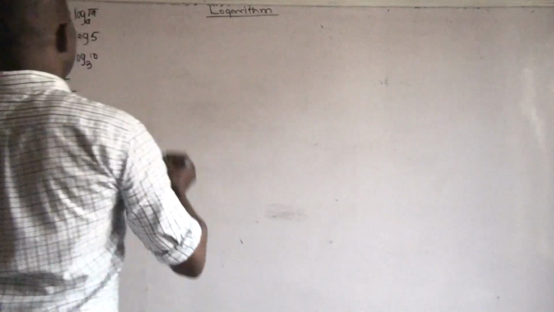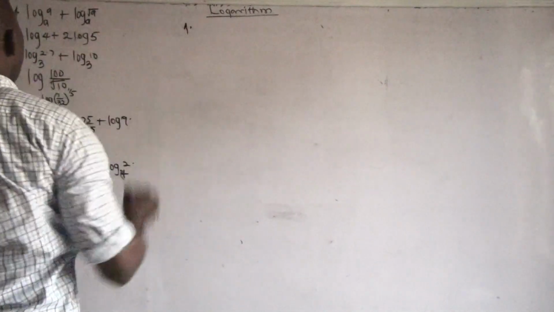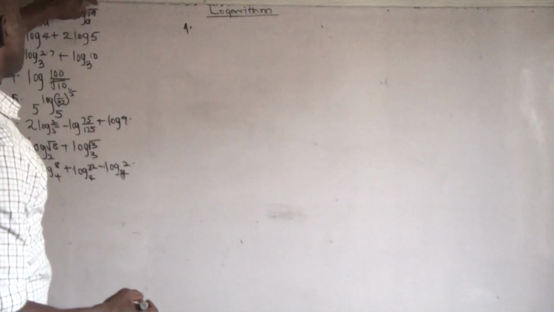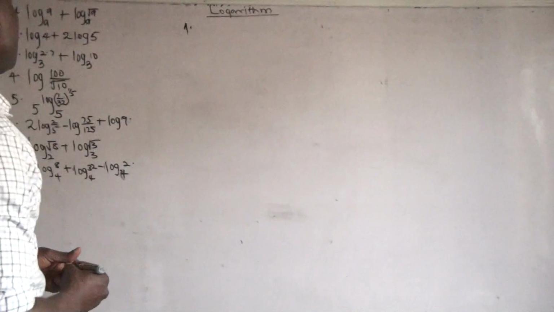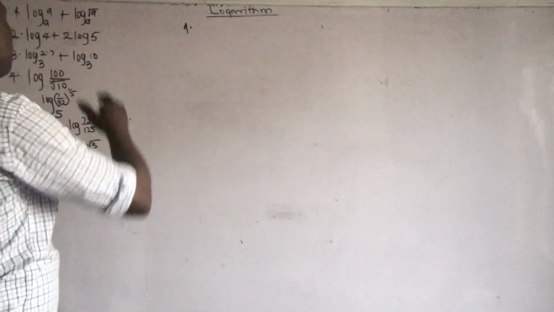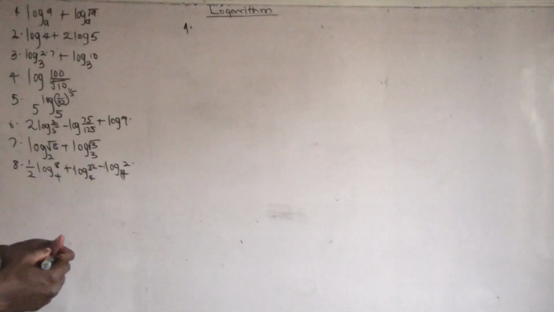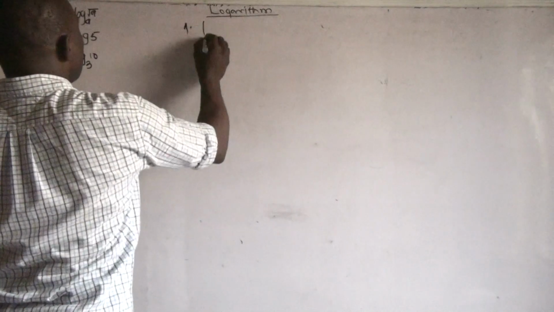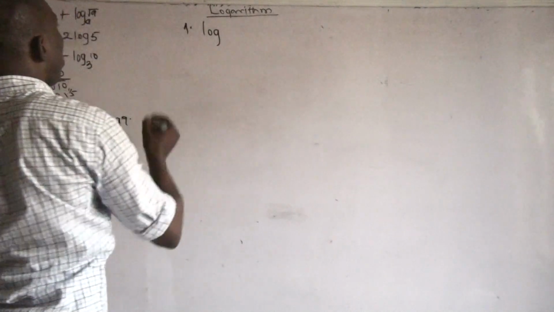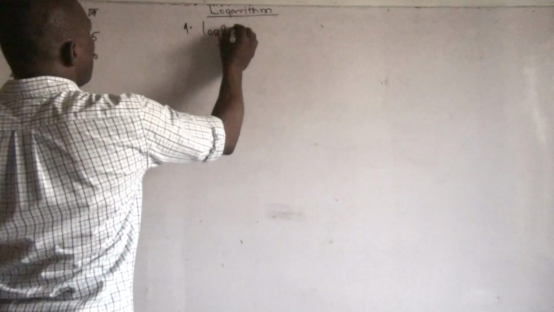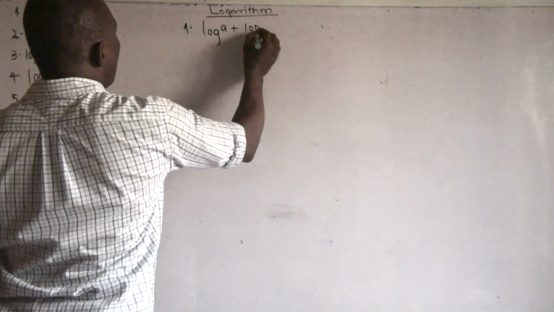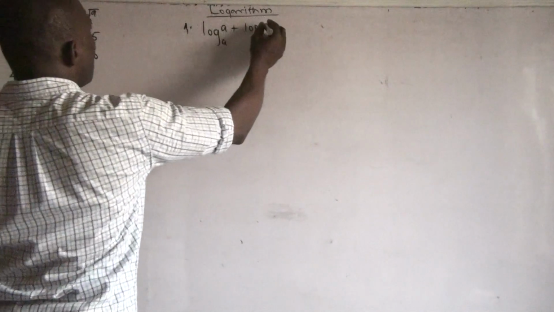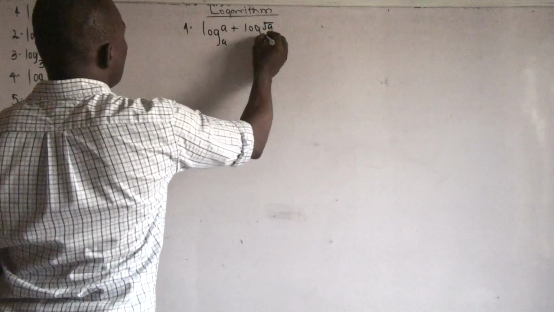So before us here, the first question is log a to base a plus log the square root of a to base a. Here we have seen that there is an addition sign and the bases are the same. What we naturally do if that is the case, we say this is log a to base a, and log square root of a to base a.